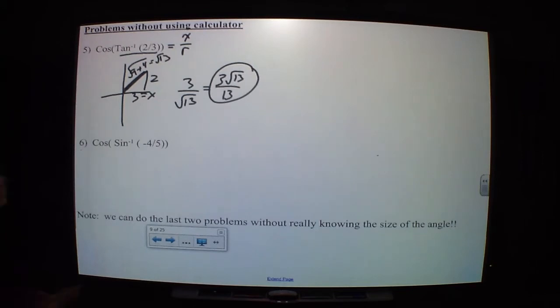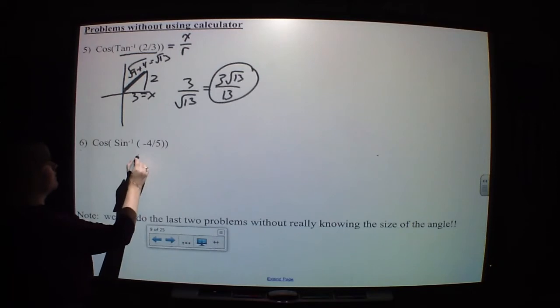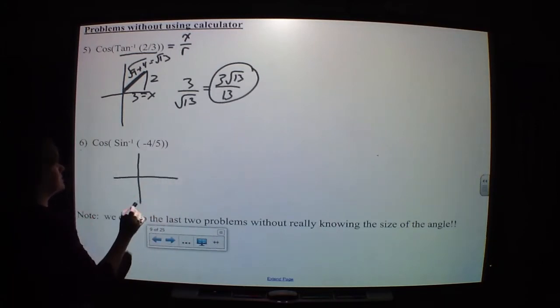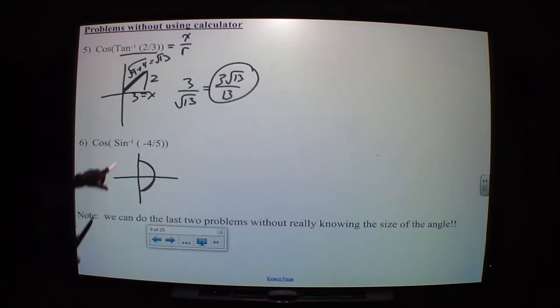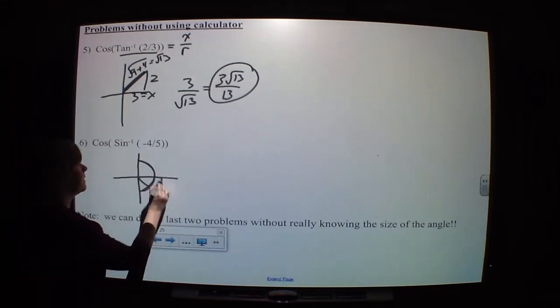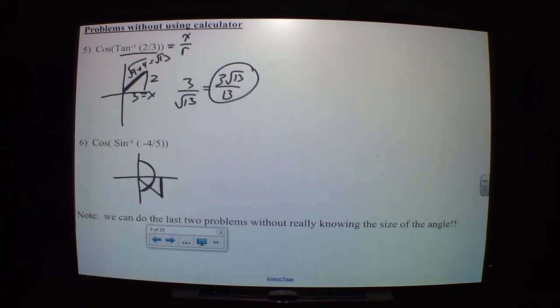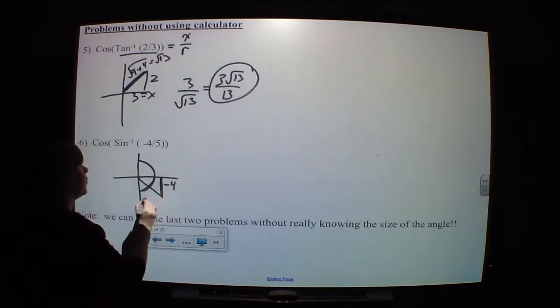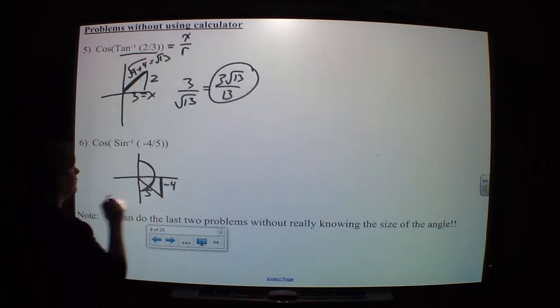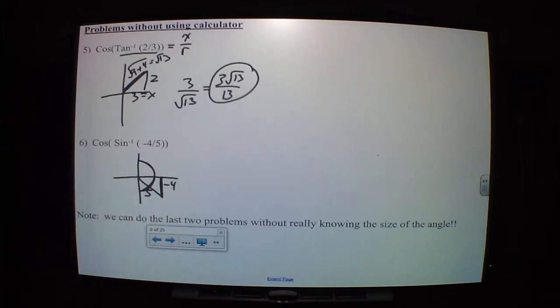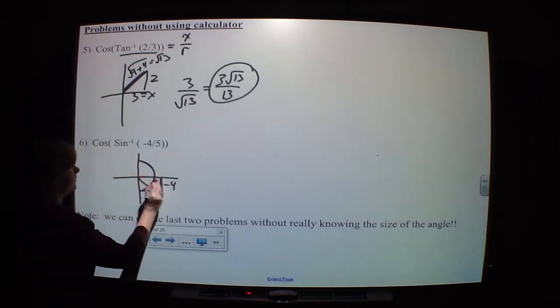The next example, cosine of the inverse sine of negative 4/5. Remember, inverse sine is only defined from negative pi over 2 to positive pi over 2. Since this ratio is negative, I have to be in my fourth quadrant, with the opposite side being negative 4, my hypotenuse being 5, and you can either do Pythagorean theorem, or maybe you remembered 3, 4, 5.